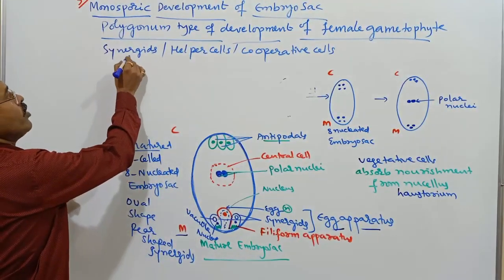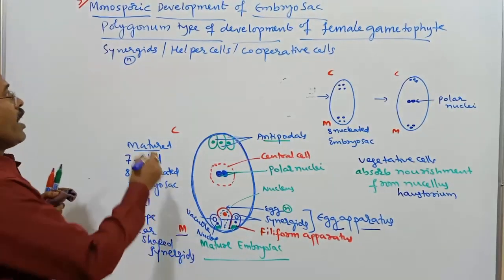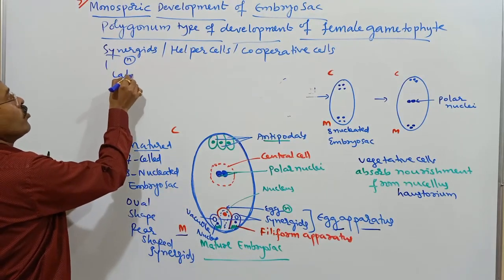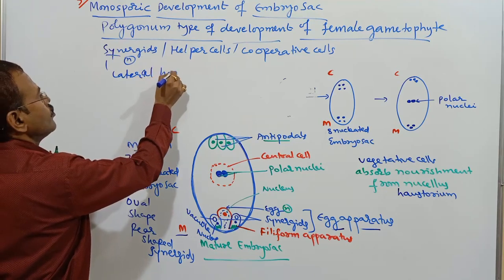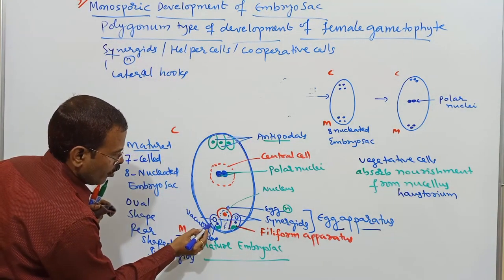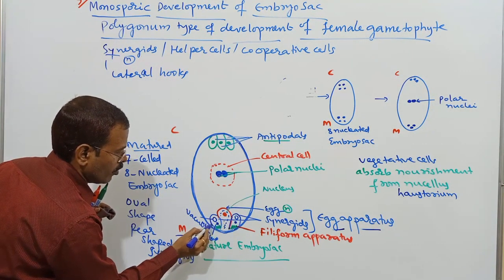These synergids are also haploid. They have lateral hooks in their wall.